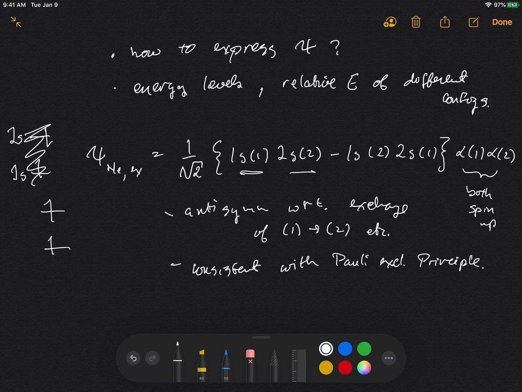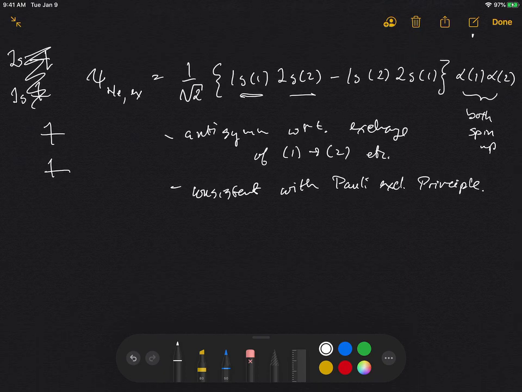There's also an essentially identical state where they're both spin down, right? And so it's going to look essentially just like our previous state.